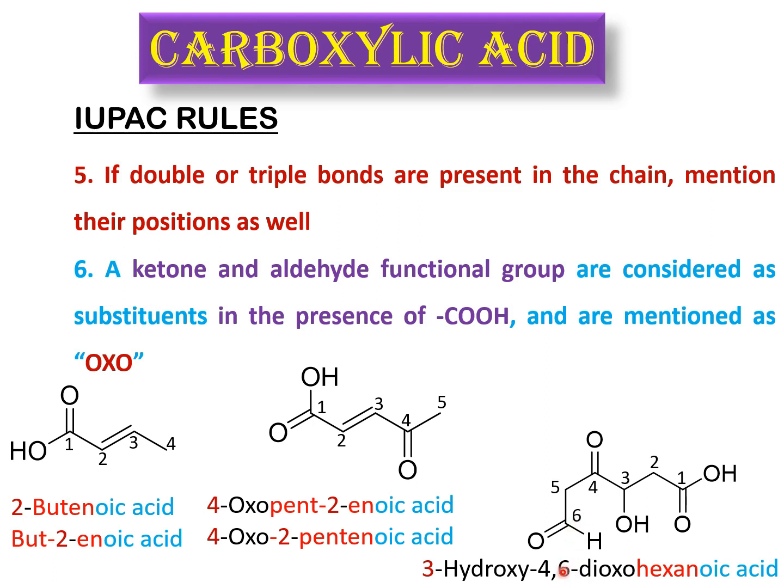From its position and the total number of carbon atoms in the chain. So from here you know that one of them is an aldehyde. So if you have a dioxo group substituent, then you can find out if one of them is an aldehyde or both of them are ketones from the total number and the position of the oxo groups.